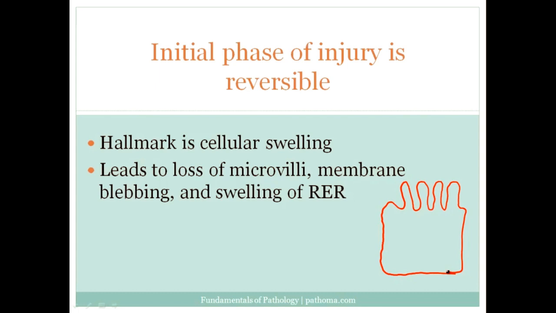And the purpose of these microvilli is to increase the surface area of the cell so that you could better absorb products. For example, in the proximal renal tubule, you want to absorb the things that you want to bring back into the blood from the filtrate of the glomerulus. In the small bowel, you want to be able to absorb all of the food that's being digested along the brush border or the edge of the cells of the enterocytes of the small bowel.